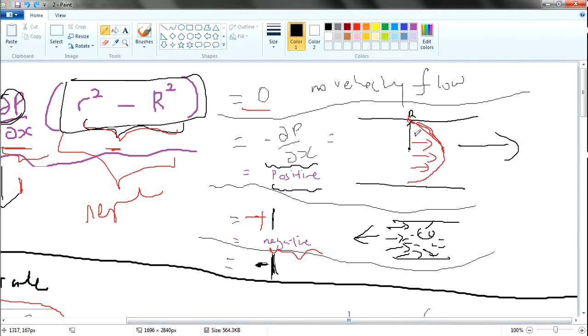So this is the distance r. r can be equal to 3, can be equal to 2. So for example, if r is at this side, r equals 2. If it's all the way up to here, r equals 3. So r is simply a notation to show a distance.